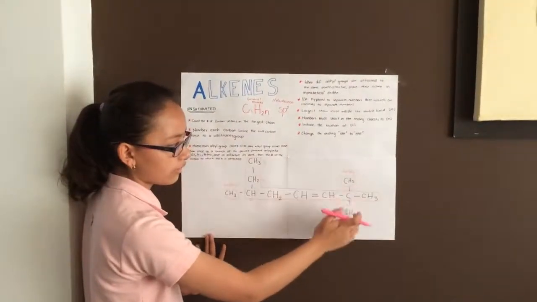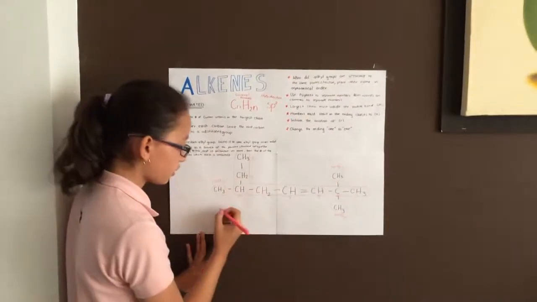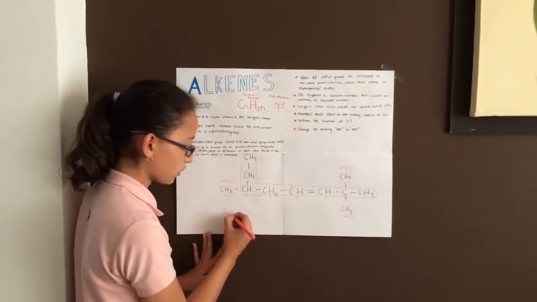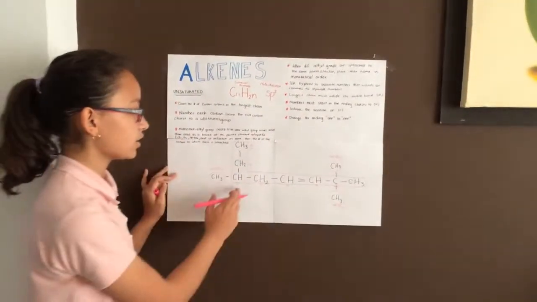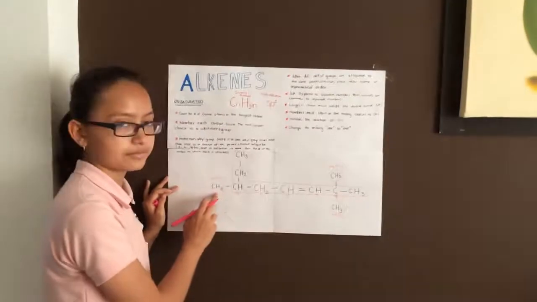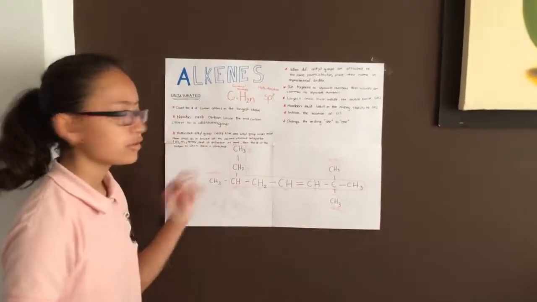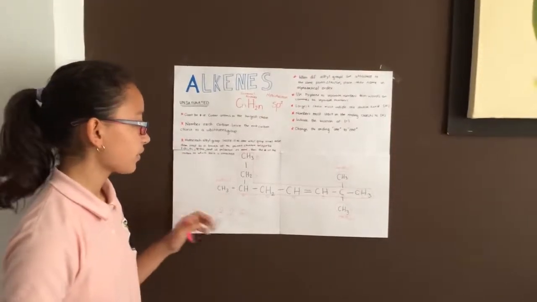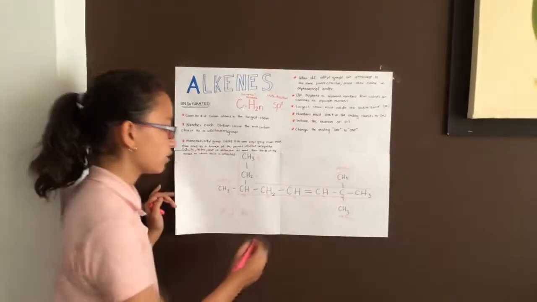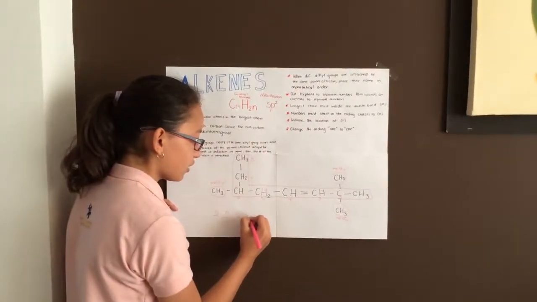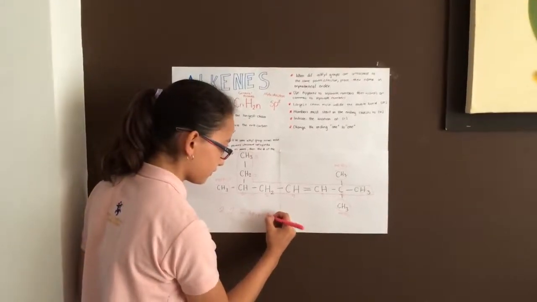For example, on the second carbon there are 2 methyls, so we have to put 2,2, and this one that is on the 6th carbon. We have to use the prefix tri, because there are 3 alkyl groups, and then trimethyl.